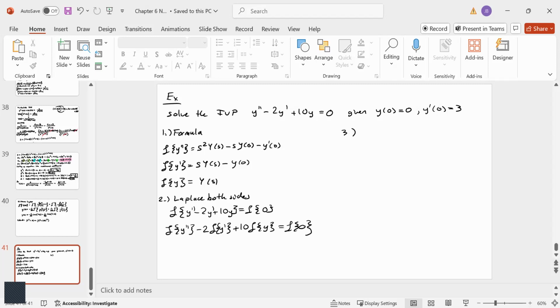Step three is to evaluate and sub in initial conditions.